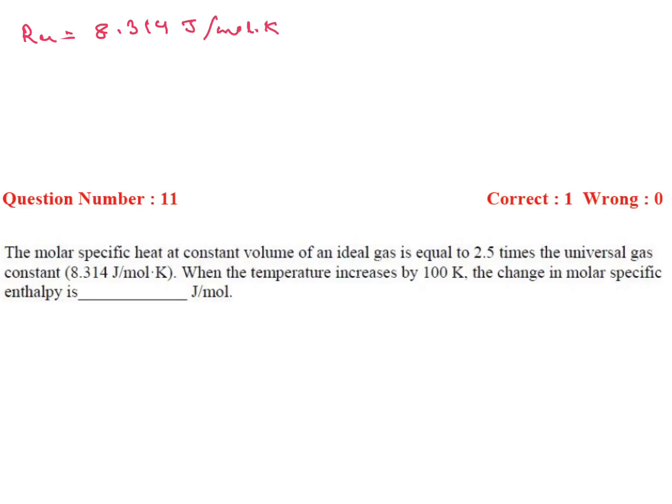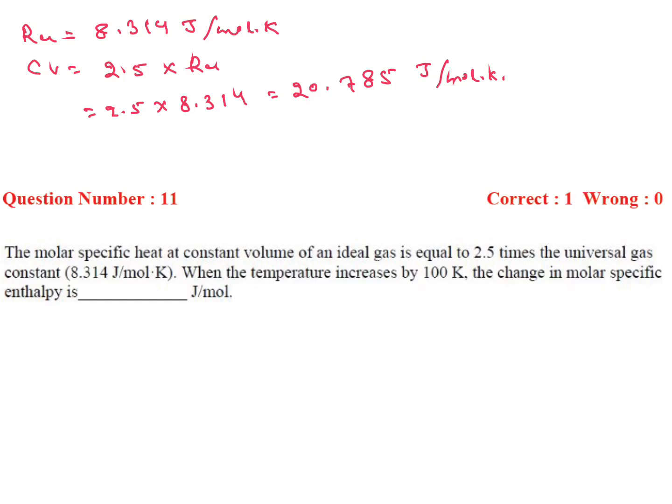Then Cv, specific heat at constant volume, is 2.5 times universal gas constant Ru, 2.5 into 8.314, you will get 20.785 joule per mole Kelvin.